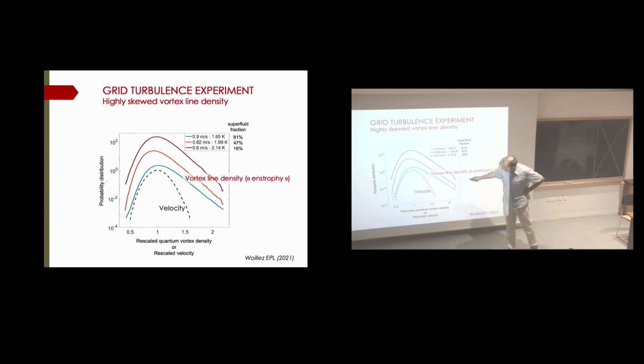The velocity statistics measured by the second sound tweezer is nearly Gaussian, as expected, and the statistics of the vortex line density, which you could call the superfluid entropy, something like that, is highly non-Gaussian. This is reminiscent of what people see in classical turbulence when they look at entropy or absolute value of vorticity or vorticity itself.